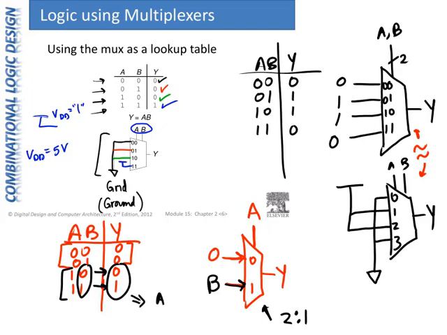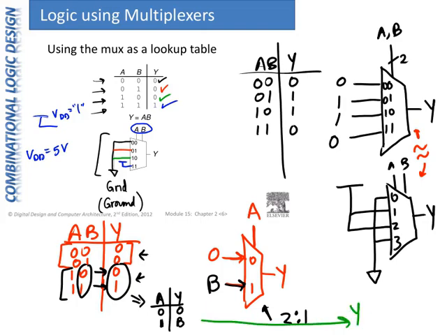I'll have A and Y, 0, 1. When A is 0, output Y should be 0. When A is 1, the output Y should be B. And say I don't want any gates. I can just read the original equation from that truth table.